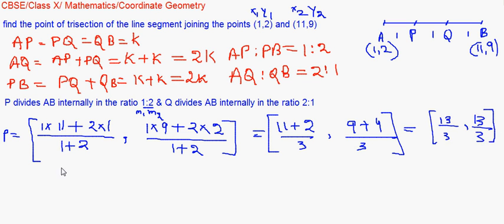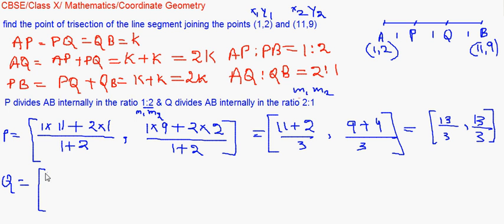We will take up the Q coordinate now. Our m1, m2 will be this one because we are taking Q. So this is our m1 and this is the m2.